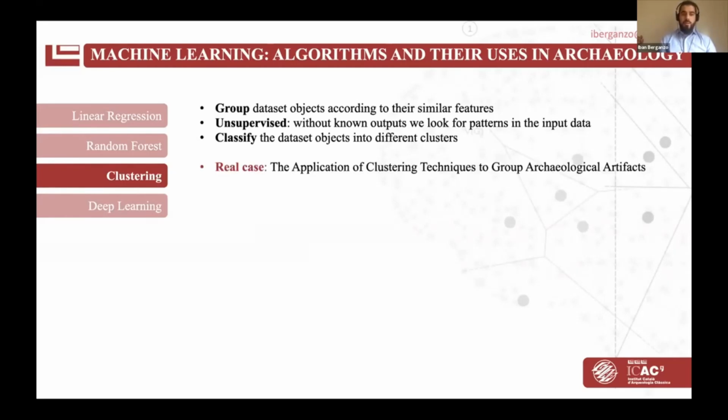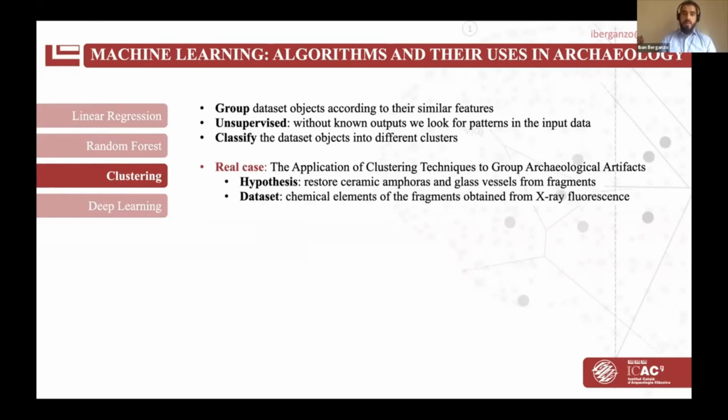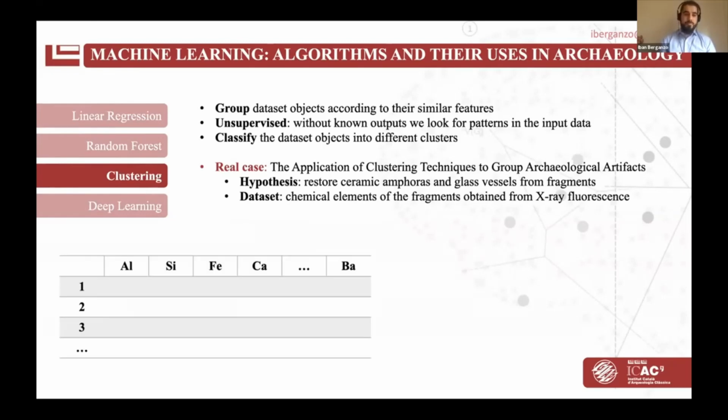To see it better, we will see the real case, that is the application of clustering techniques to group archaeological artifacts. And the hypothesis is we can restore ceramic amphoras and glass vessels from fragments. And the dataset that they use is the chemical elements of these fragments.